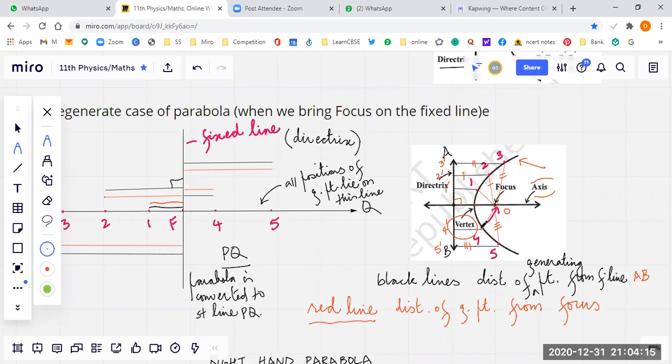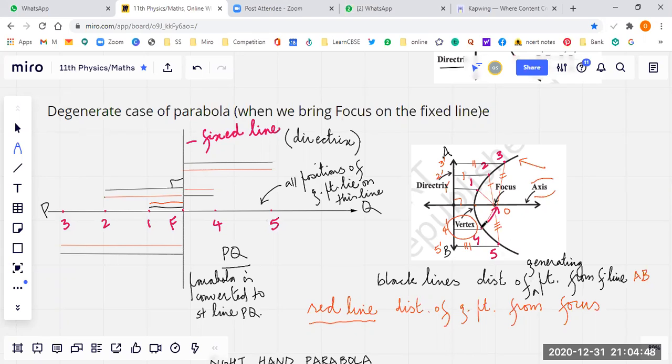So now we are going to discuss the degenerate case of the parabola. What is the meaning of this case? Degenerate. First we have generated the parabola. Now we want to degenerate, reverse engineering. Now we want to bring the focus onto the fixed line, the directrix.